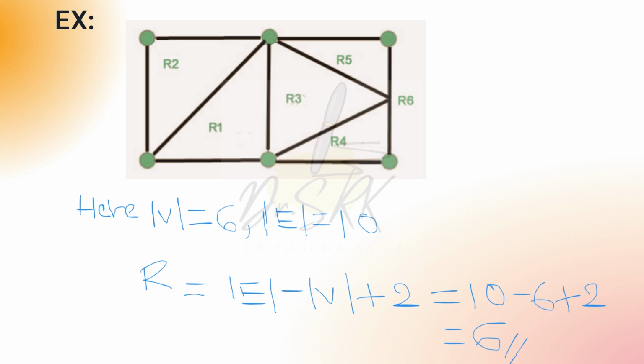Mod E means number of edges in this graph, totally 10 edges. And the number of regions will be found by using the formula number of edges minus number of vertices plus 2. This is Euler formula. That is equal to 10 minus 6 plus 2, which is equal to totally 6 regions.